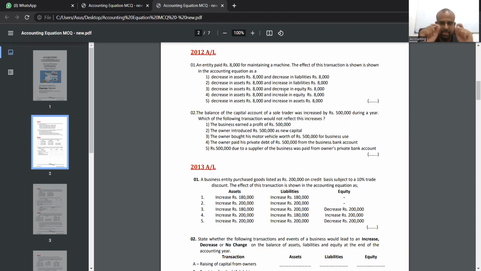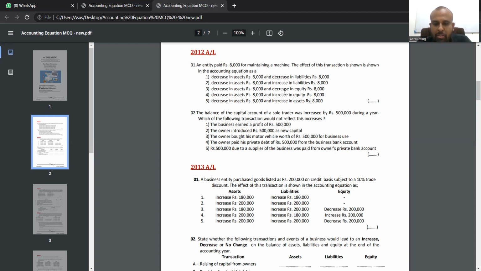You can say expenses incurred on maintaining an asset should be considered as an expense in the year incurred. In the year you incurred it, you recognize it as an expense.